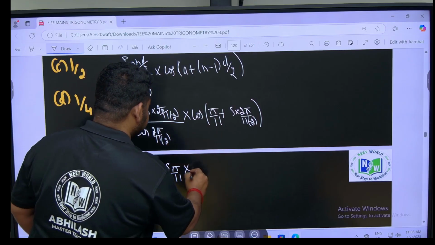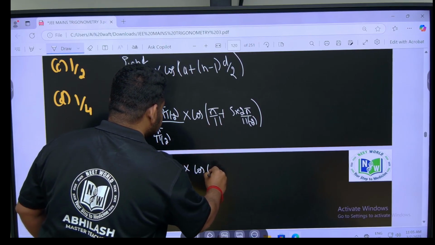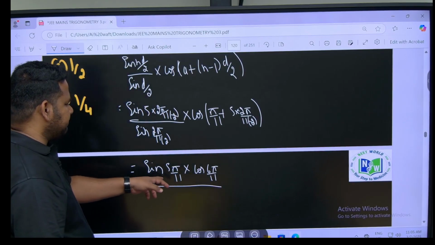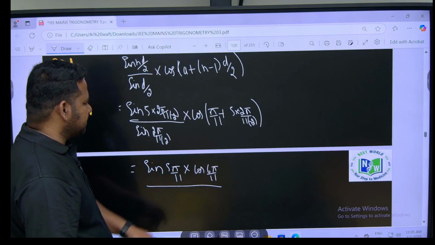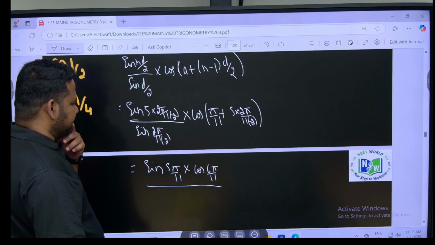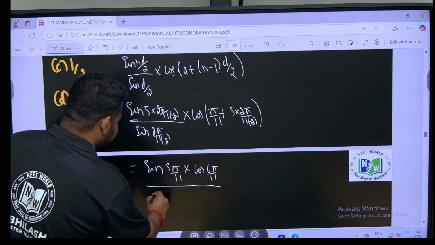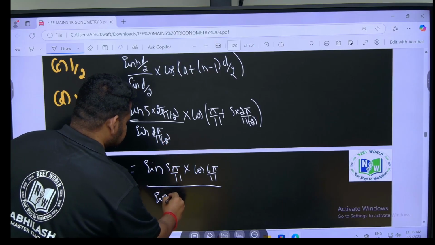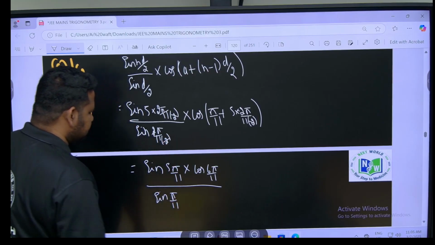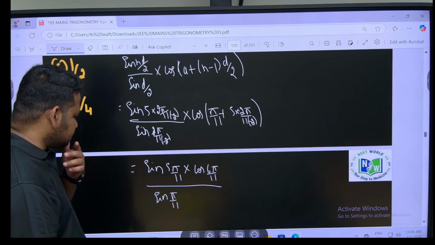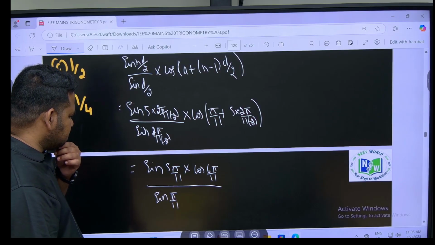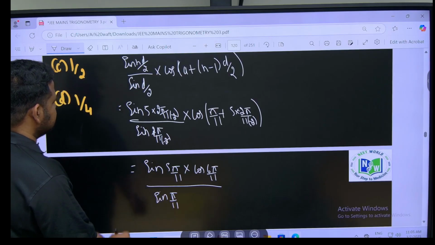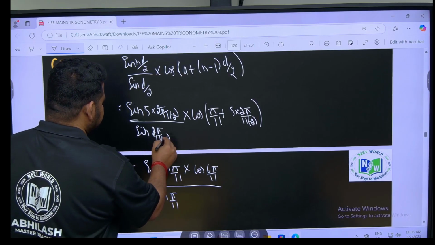This 2 and this 2 will cancel, so we get sine of 5 pi by 11 into cos of 6 pi by 11, divided by sine of pi by 11. Actually this is sine of d by 2.